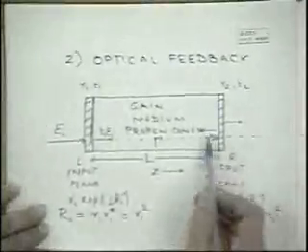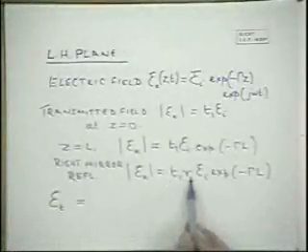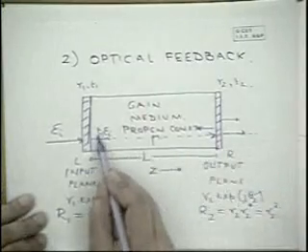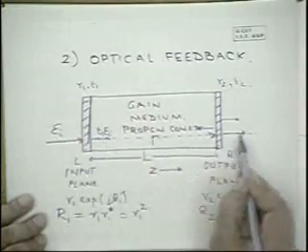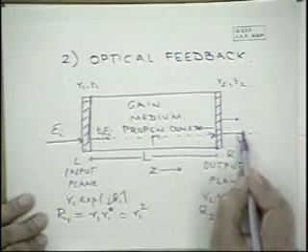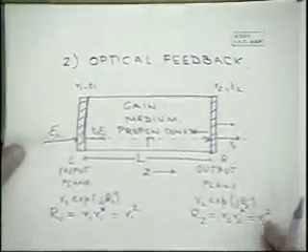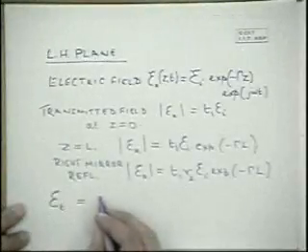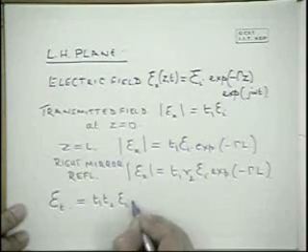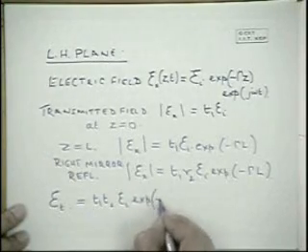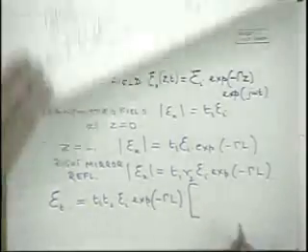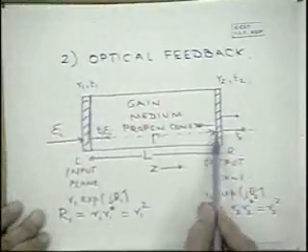The amount reflected is T1 R2. The first part that is transmitted here will be T1 EI e to the power minus gamma L into T2. So the first component of the transmitted beam will be T1 T2 EI exponential minus gamma L. You can see quite easily that there will be successive transmitted beams.